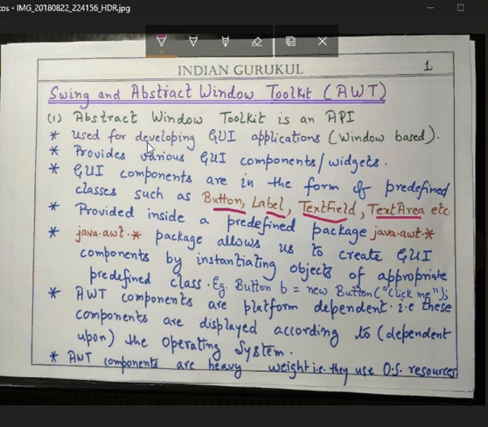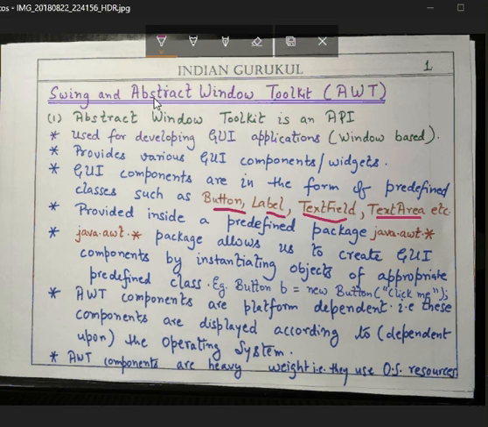We know that this Abstract Window Toolkit is used by programmers. It was written and included in the Java software, and it provided the facility of creating graphical user interface applications.